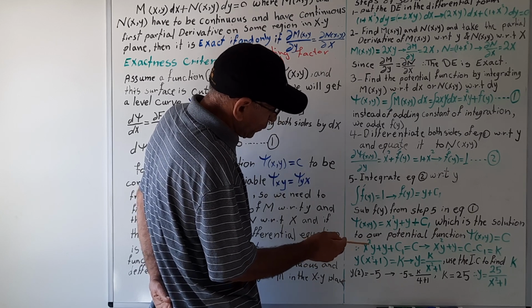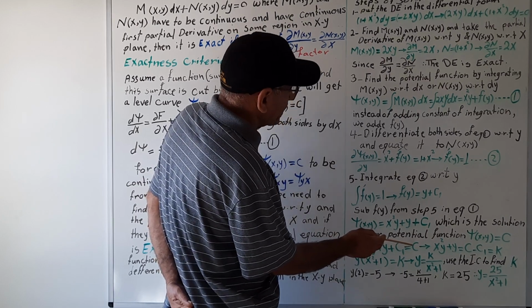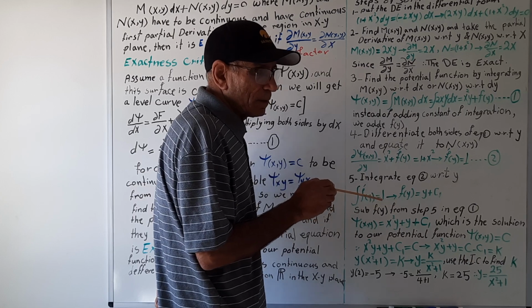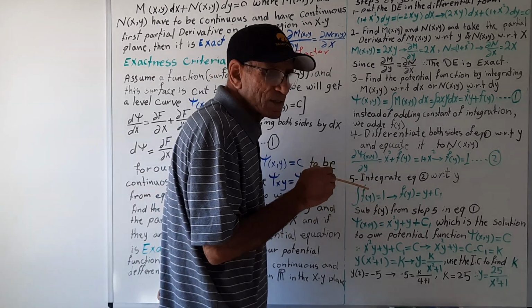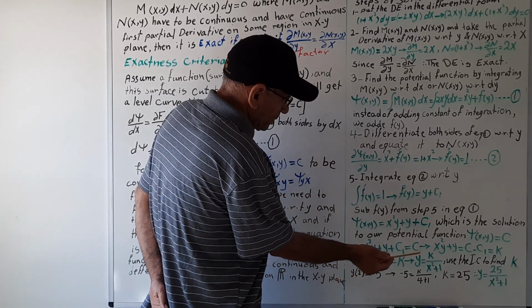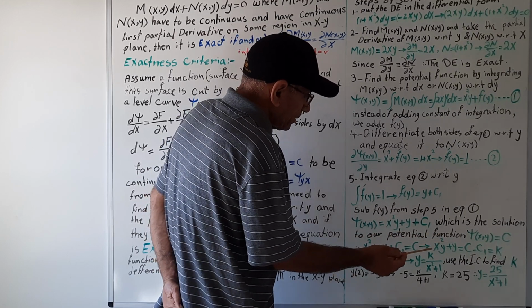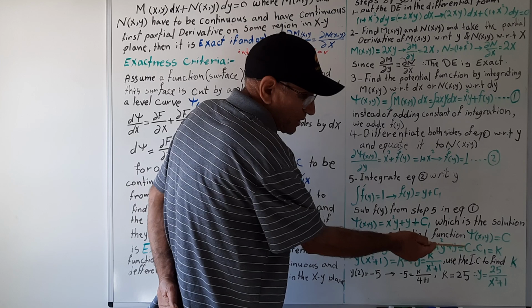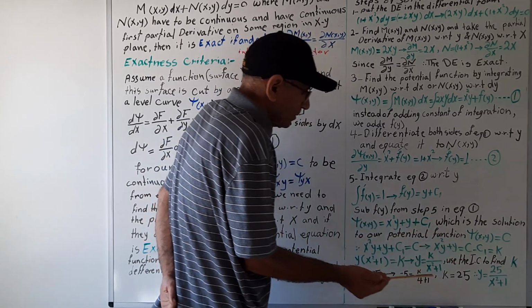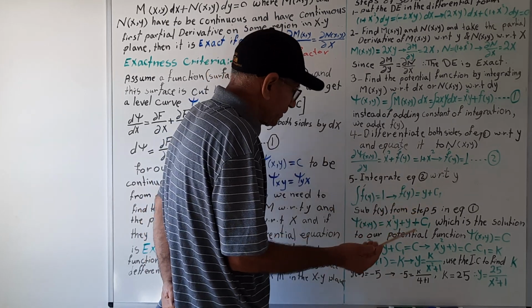Therefore, x squared y plus c1 equals c. Remember, the equation of our level curve is psi of x and y equals c. So here we put the c to this function. We move c1 to the right-hand side of the equation, and again, c minus c1 will be another constant, and we call it k. So you can see that if we add it or we don't, we still have one constant.